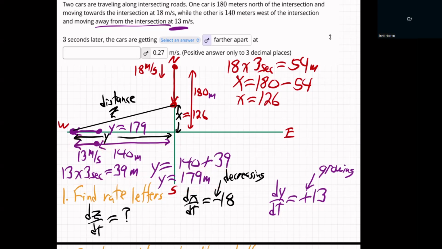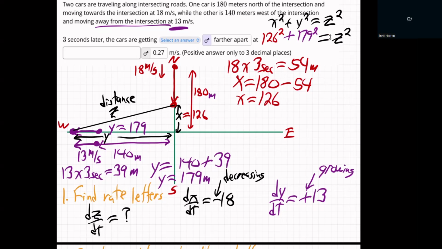And then I can get z also from the Pythagorean theorem, right? You know how that works. X squared plus y squared equals z squared. So x is 126 squared plus y squared, which is 179 squared, equals z squared.